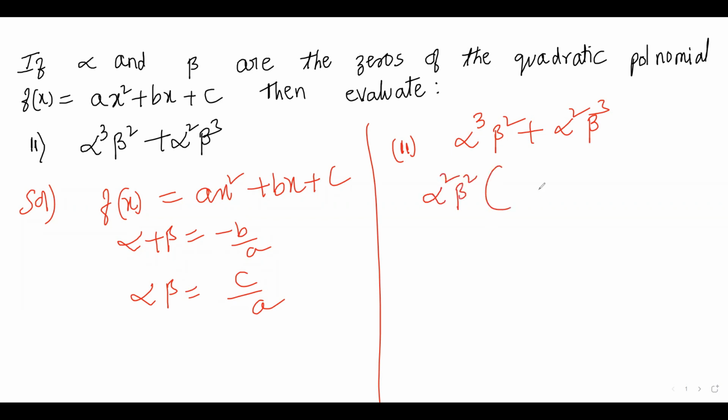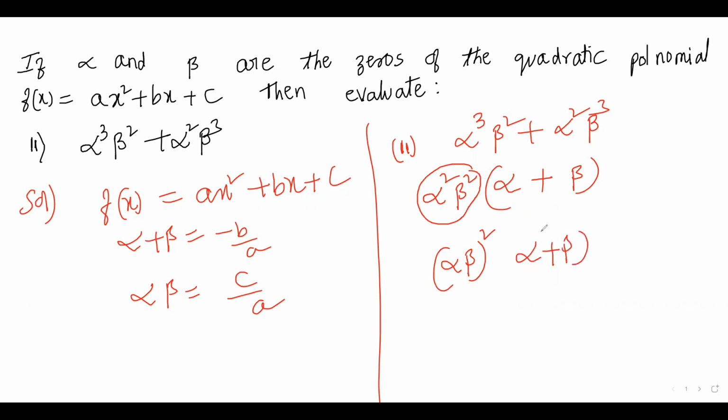After taking alpha square beta square common, one alpha will remain here, and beta will remain here. Now this part, alpha square beta square can be written as alpha beta whole square, times alpha plus beta. So we have both sum as well as product.